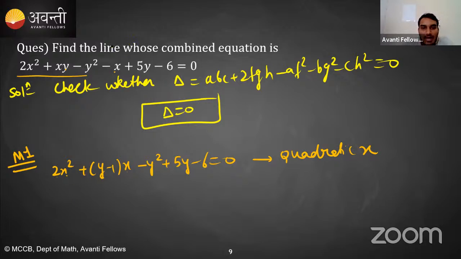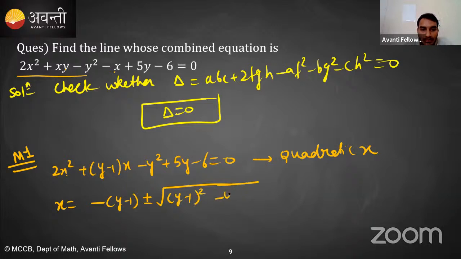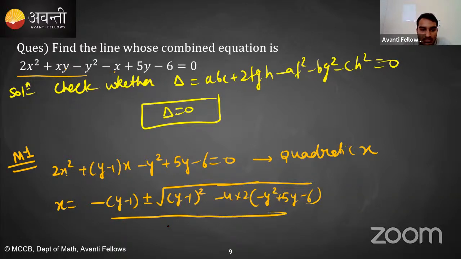If I ask you to find the roots of this, how will you find them? x is nothing but minus b plus minus under root of b square minus 4ac, where c is minus y square plus 5y minus 6, upon 2a, which is 2 into 2.